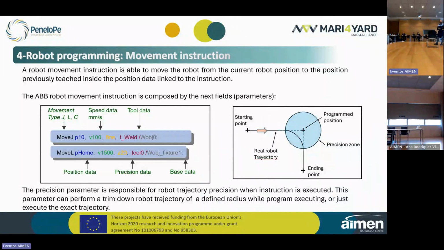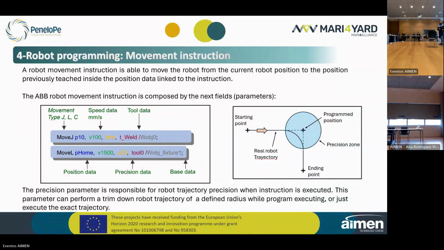So this is the base data parameter that is inside of the movement instruction. In that case, we have here world at 0. This is the robot base reference system, and there could be others like, for example, world at fixture 1, that was previously defined by the robot operator, for example, in the robotic cell, maybe in a fixture.